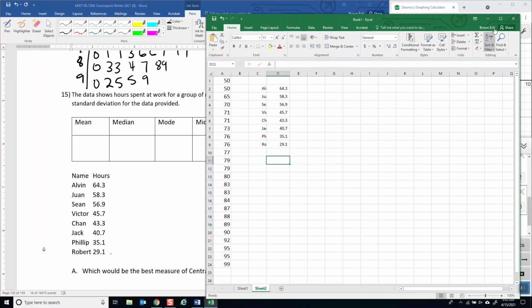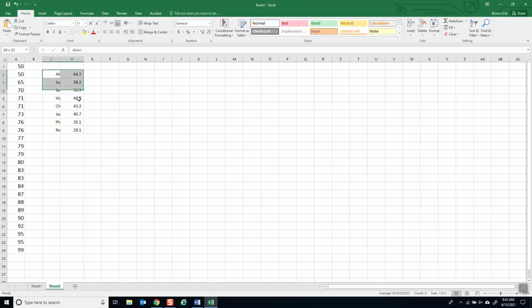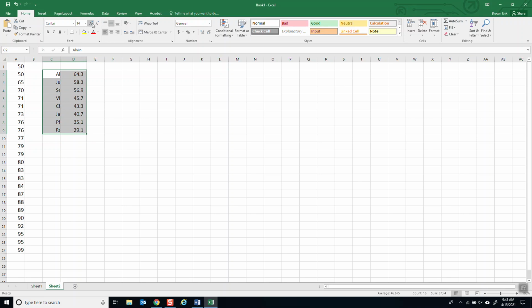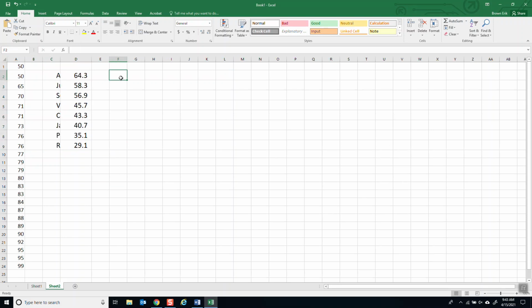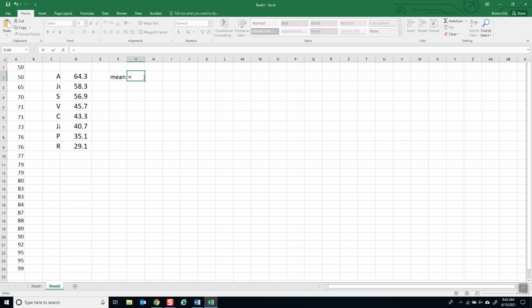All right, so to get the mean in Excel, I'm showing this in Excel because when you do your project, Excel is quite useful, I think. So for the mean, we just do equal, and in Excel, the arithmetic mean is labeled as the average.